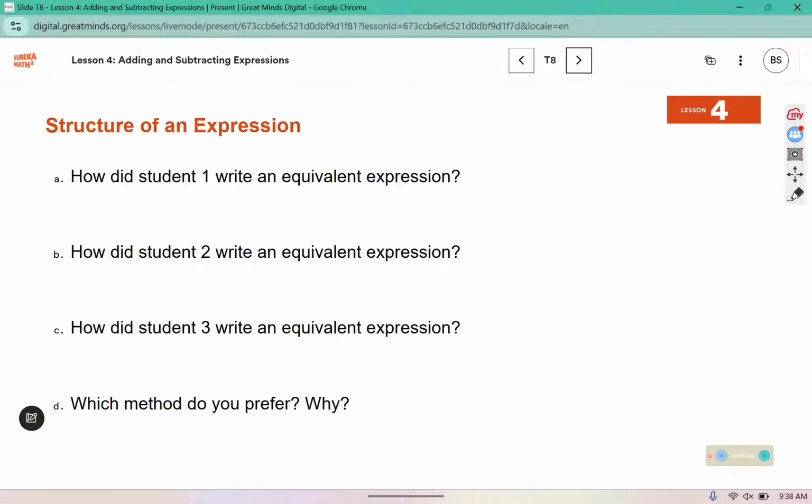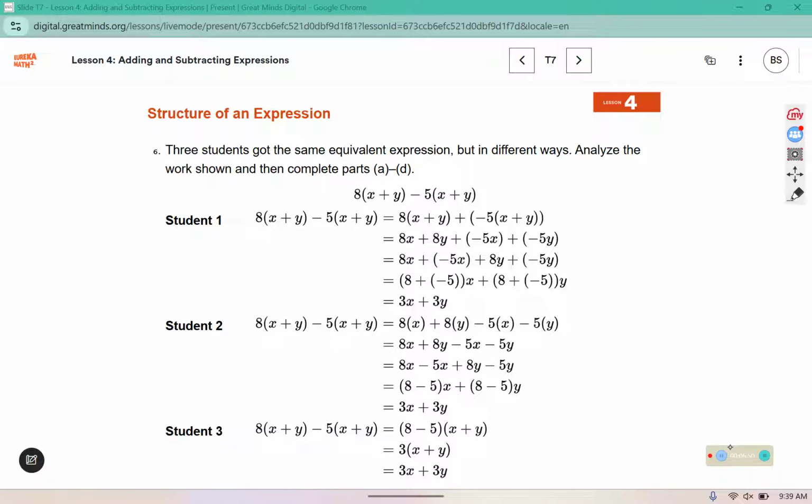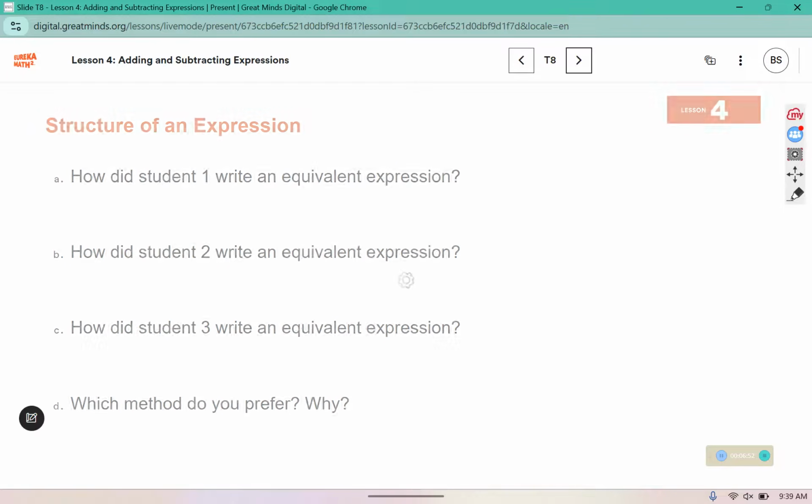How did student 1 write an equivalent expression? They wrote the subtraction as an addition of a negative.